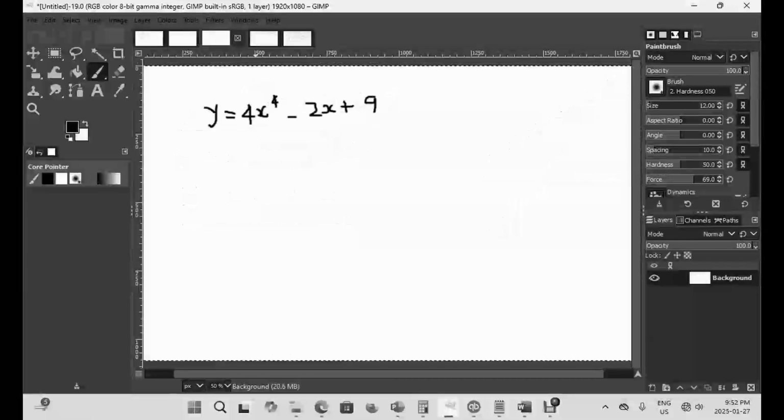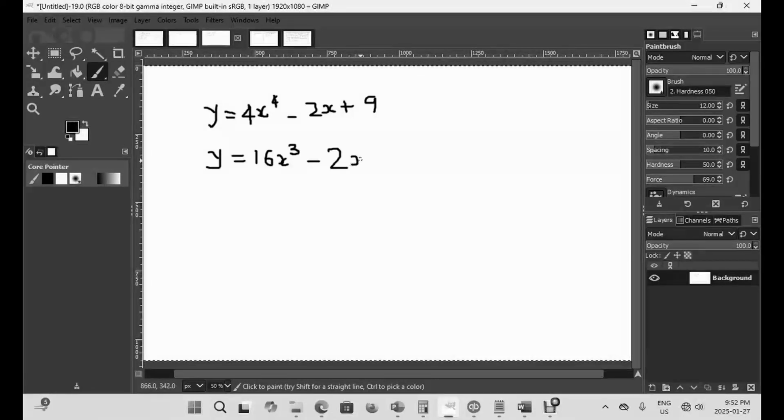Let's take another example. Let's say this is y equals 4x raised to 4 minus 2x plus 9. To solve this equation, you multiply 4 by the coefficient in front of the base, which gives 16, so 16x raised to 4 minus 1, which is 3, or x cubed, minus 2x raised to 1 minus 1.